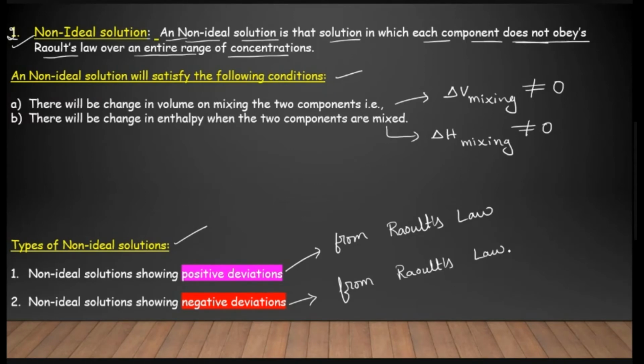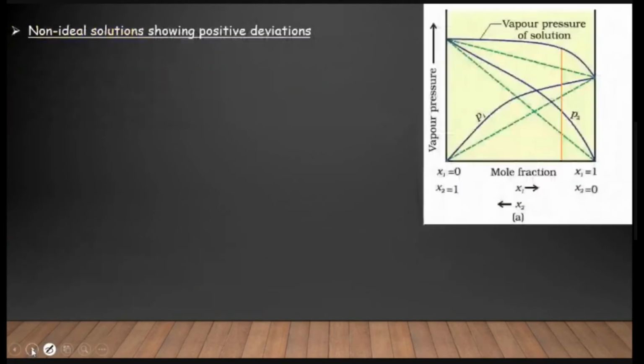The examples we will discuss with the positive deviation and negative deviation. So this is about the non-ideal solution. Let us take the first case, that is the non-ideal solution showing a positive deviation from Raoult's law.